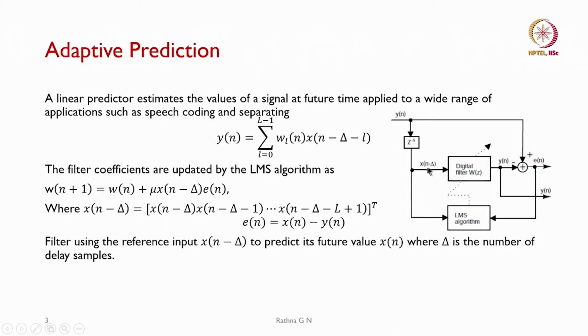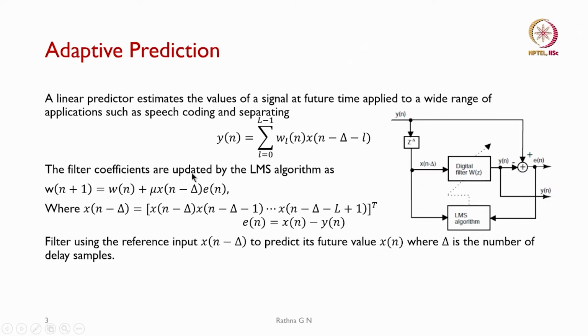This is the delayed signal, x of n minus delta, which comes into the system, and y of n is the predicted one. We will be subtracting and minimizing the error. So we will be predicting y of n in this case.